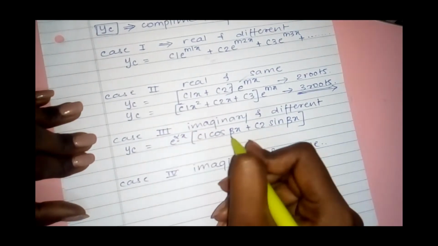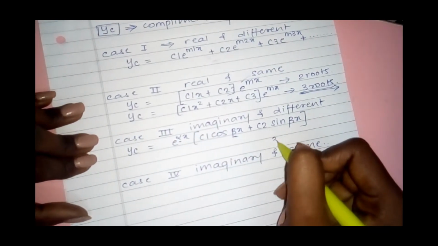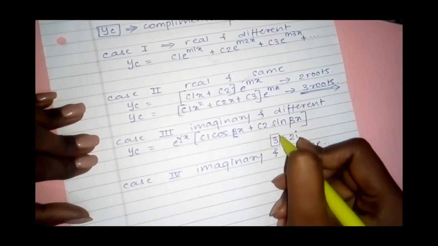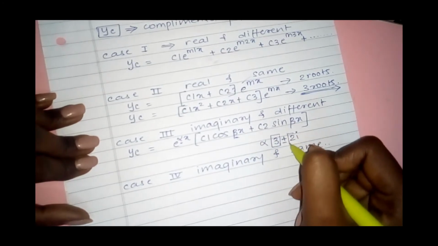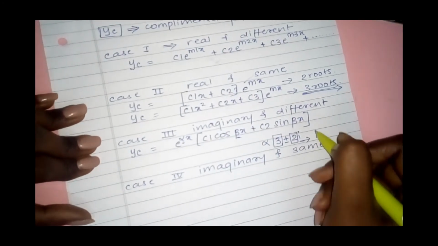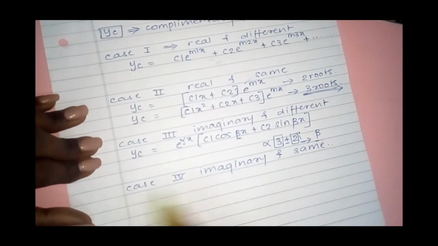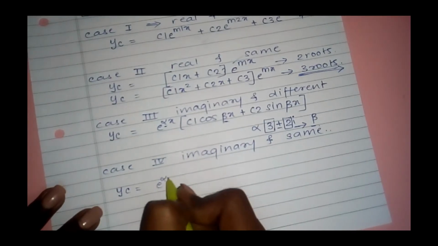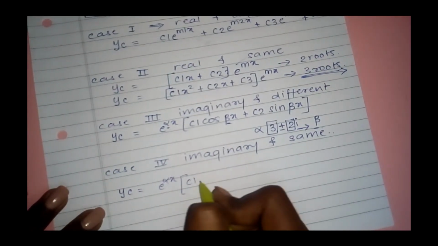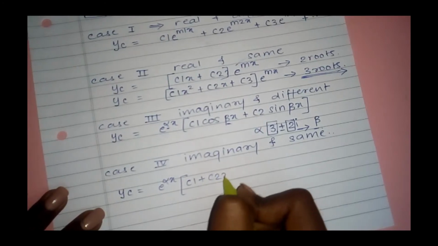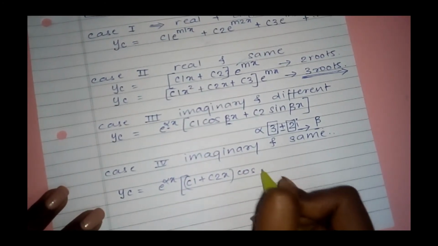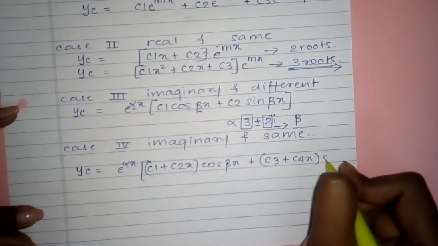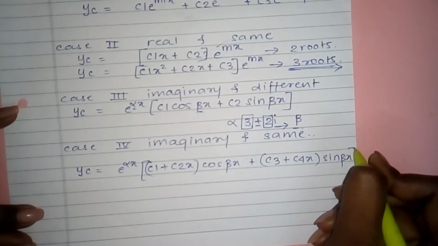Now the alpha and beta: for example, if the root is 3 plus minus 2i, this part is called alpha and this part is called beta. For repeated imaginary roots, yc is equal to e raised to alpha x ((c1 plus c2 x) cos beta x plus (c3 plus c4 x) sin beta x).